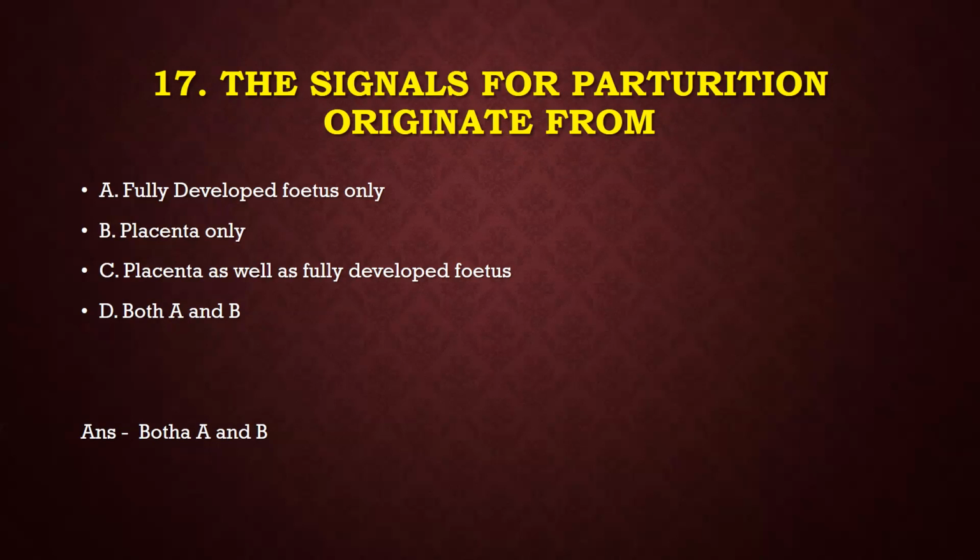Options: fully developed fetus only, placenta only, placenta as well as fully developed fetus, both A and B. The signals for parturition originate from both the fully developed fetus and the placenta, because it is the fetal ejection reflex, where the fetus itself starts giving the signals for it.